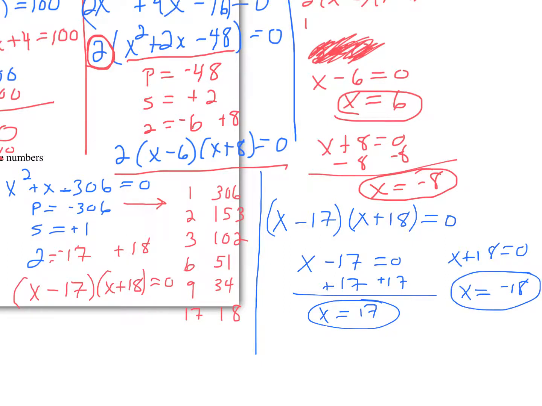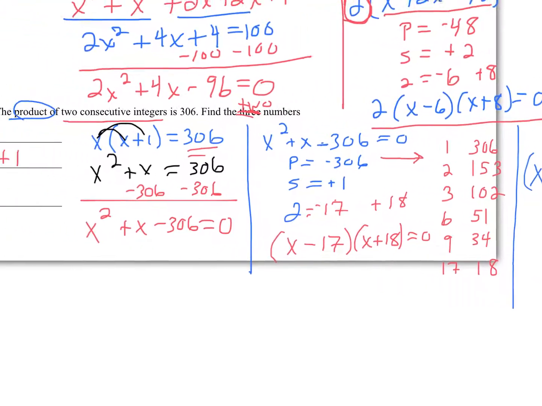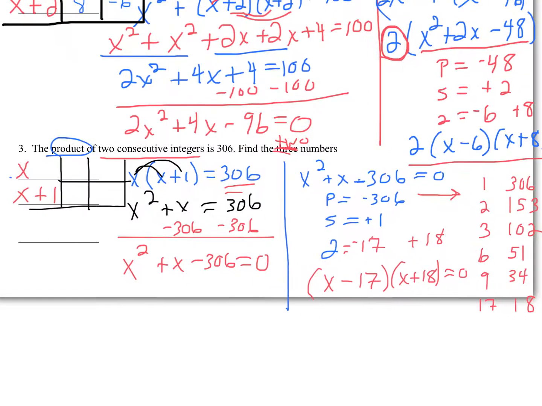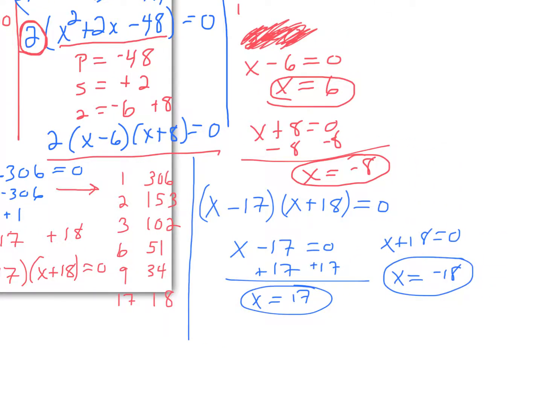Now again, remember folks, just because we got to the x's in the end doesn't mean we're done. We have to go all the way back here again. Alright, so let's build in our data table. Now again, we found out x was 17 and negative 18.